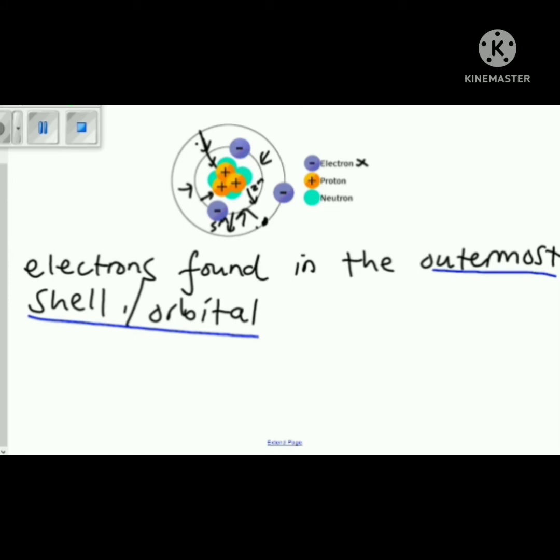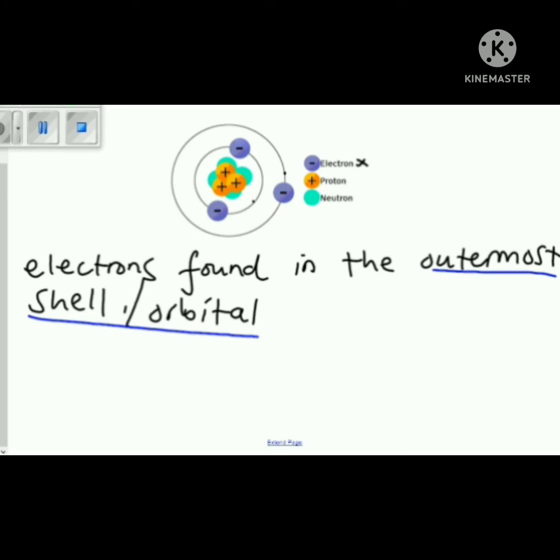When you go to an atom of an element and you notice that you have maybe three electrons, like represented here, let me just wrap that off. You've got 3 electrons, so the 3 electrons are going to occupy the shells. Remember, as we discussed in the previous video, the first shell can hold a maximum of 2 electrons only, and the second one will hold a maximum of 8 electrons.